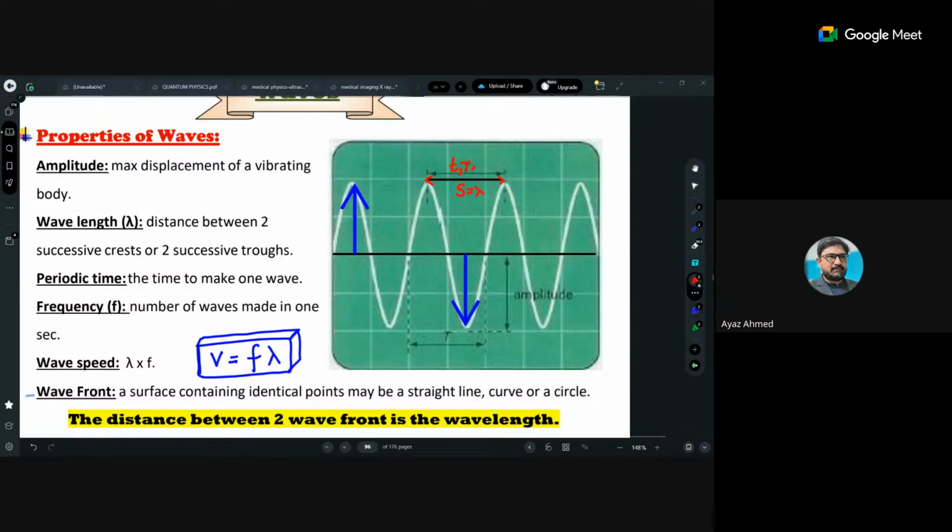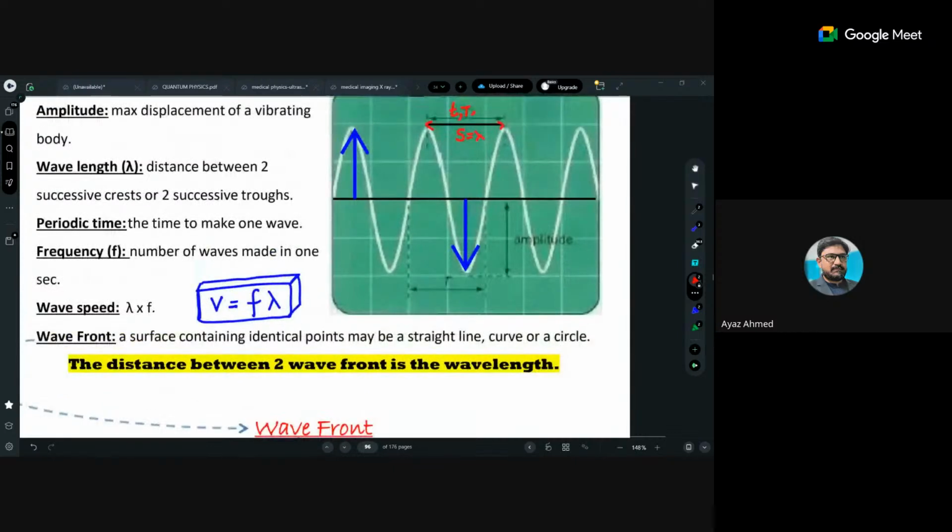We can also consider that frequency is equal to 1 upon time period, so we can say that speed is equal to λ times f. What can that be? Sorry, it is λ divided by T. That is, v equals distance divided by time, so it is λ divided by T. So you have to keep this point in your mind.